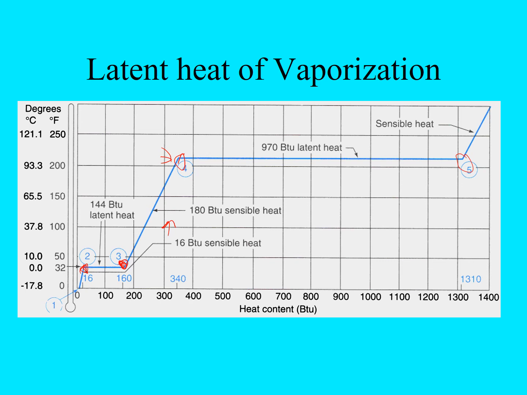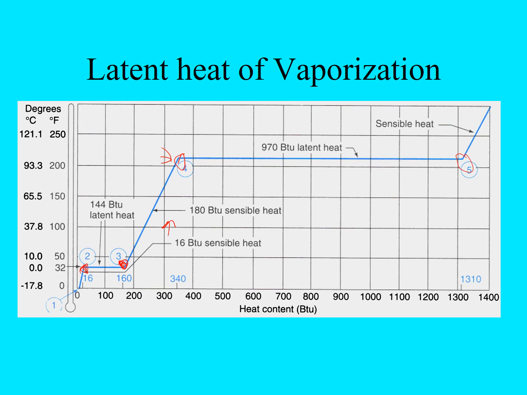So it took 970 BTUs of latent heat, or heat energy, added to that pound of water to change it completely to 1 pound of steam, and that's at point 5.